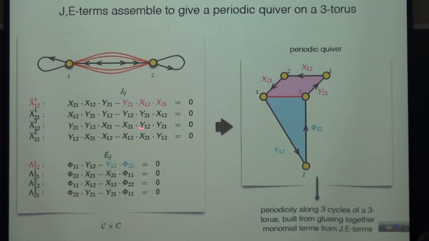And because they are satisfying the toric condition, I can pick, as an example, two monomial products of chiral fields, and they will always correspond to two coupled paths in the quiver diagram made out of chiral fields like this.